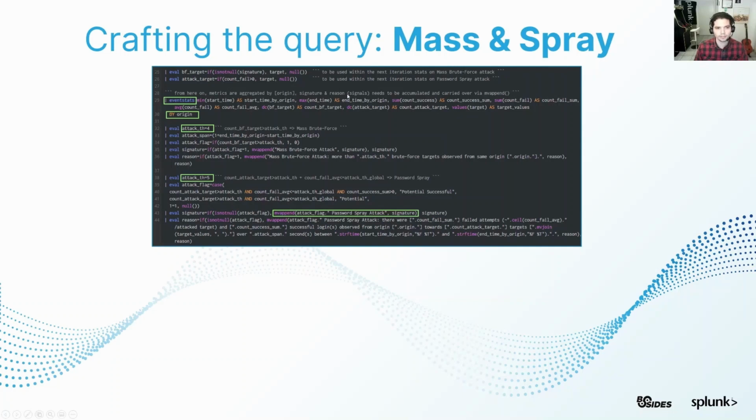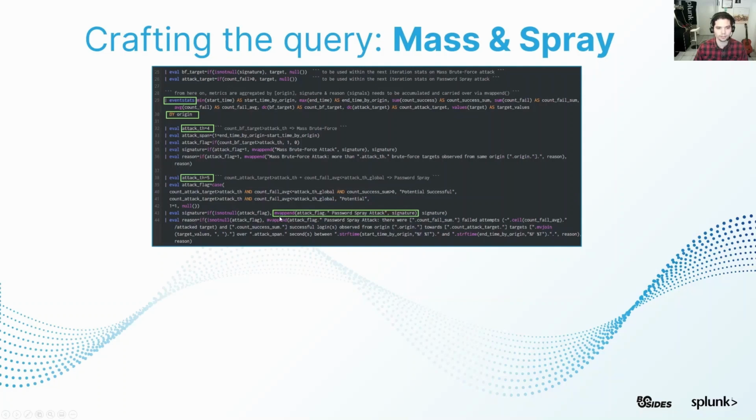What I'm starting to do here is basically using MV append, so that from this point I aggregate over the signature of the reason field.